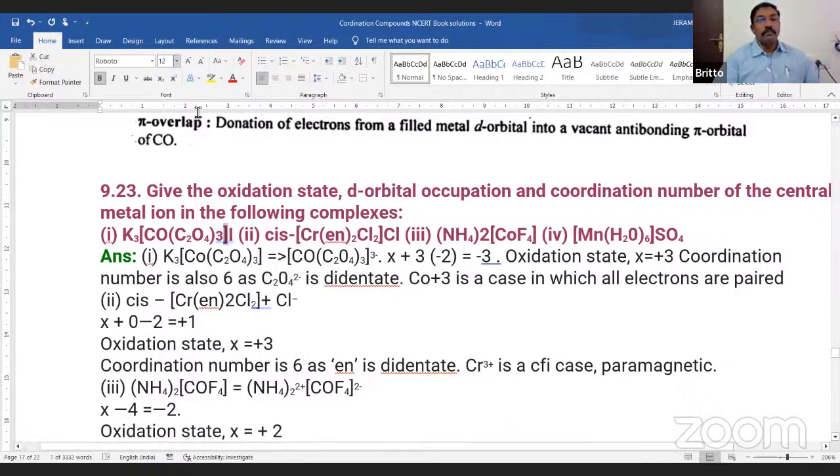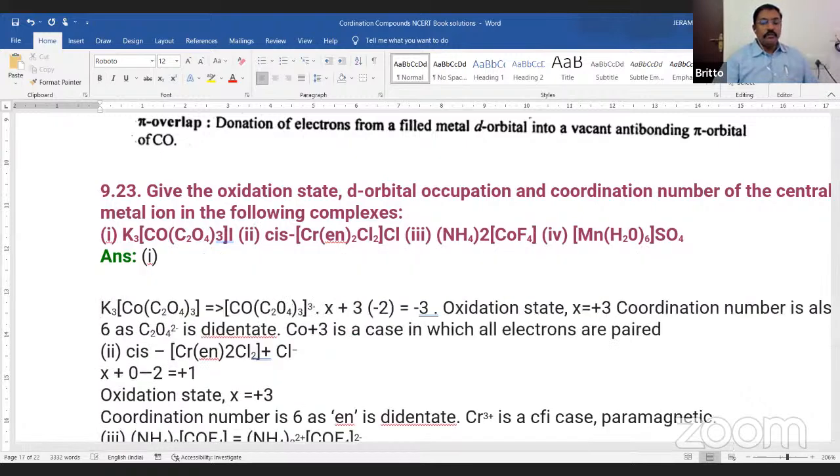Now let us look at the first complex. The first complex is K3[Co(C2O4)3].